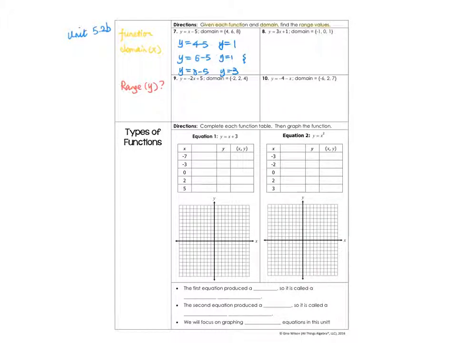I have all the y values. Notice where the y values are here. This is -1, 1, and 3. That's my range. Okay, then you do the same thing with number 8.